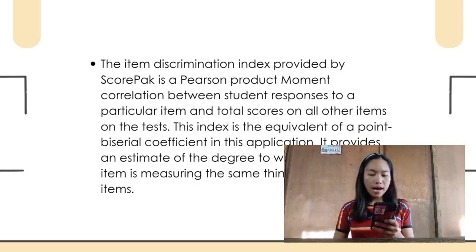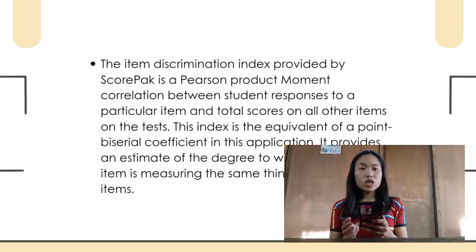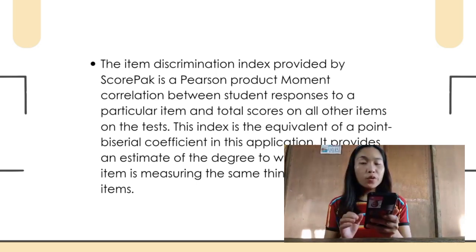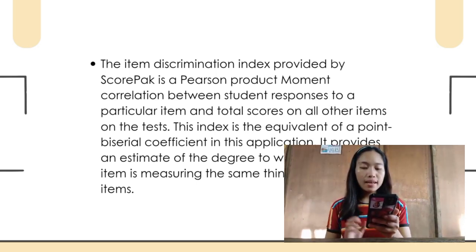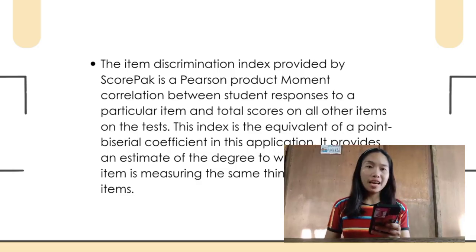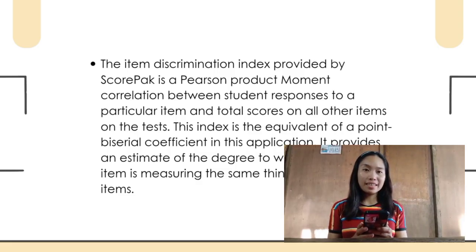It provides an estimate of the degree to which an individual item is measuring the same thing as the rest of the items. Item analysis can involve more complex calculations and considerations, especially for more sophisticated assessments. So that's all for our discussion.